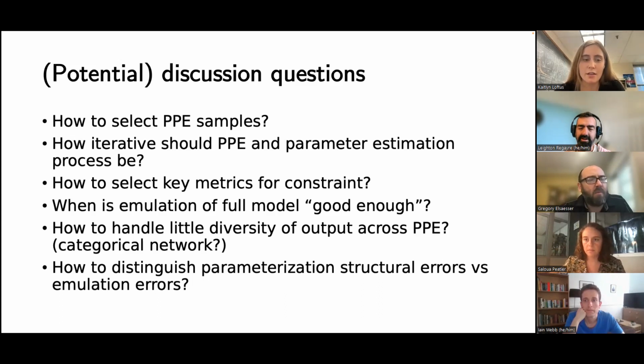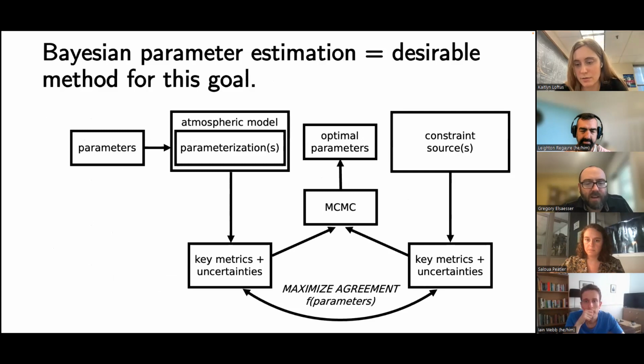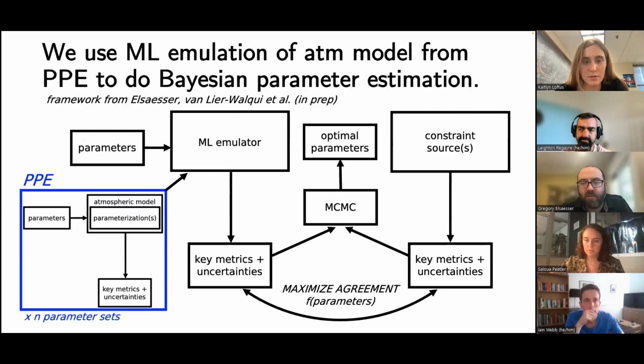Right in the very first or second slide. Like this picture? Yeah, so I understand key metrics and uncertainties from constraints, but right there in the PPE, I understand from the emulator and from the constraint, but what does that mean, uncertainties? Is that another thing you're explicitly computing from the atmospheric model and parameterization?